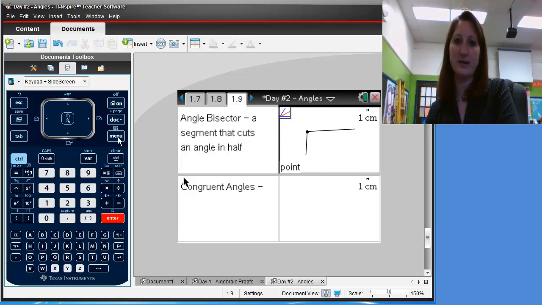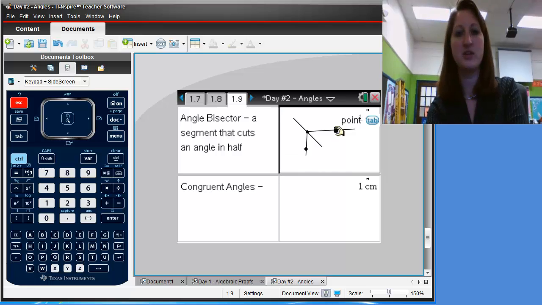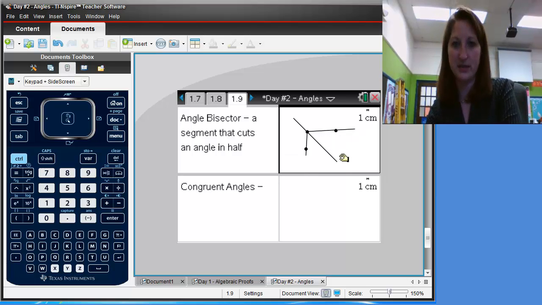Now, we did this way back when we talked about constructions. We constructed an angle bisector. So really all I'm going to do is throw that on my picture. And you can see the angle bisector. I'm just going to make it a little bit longer here.